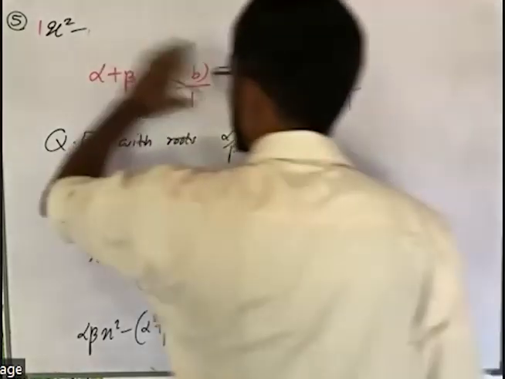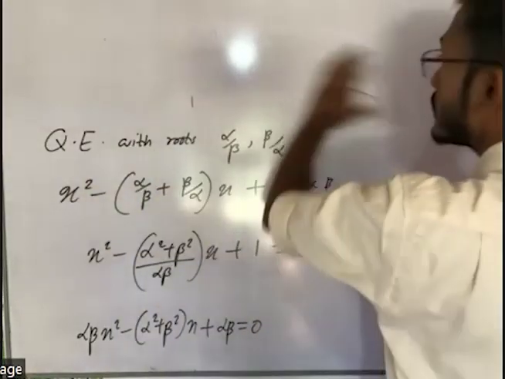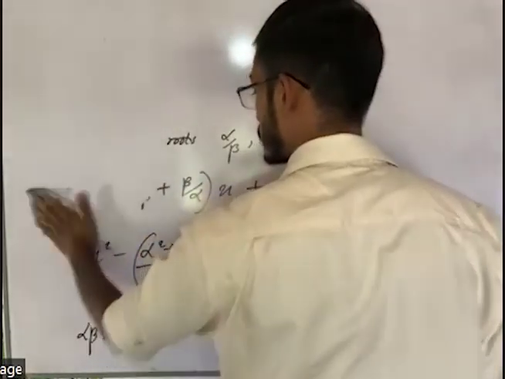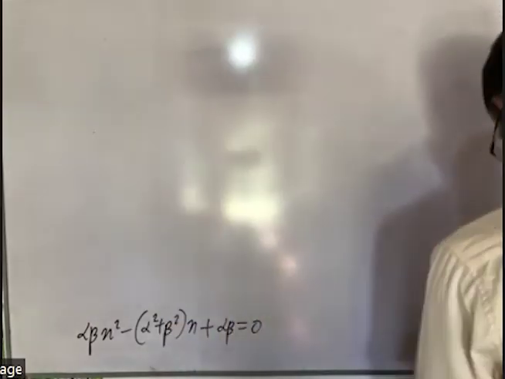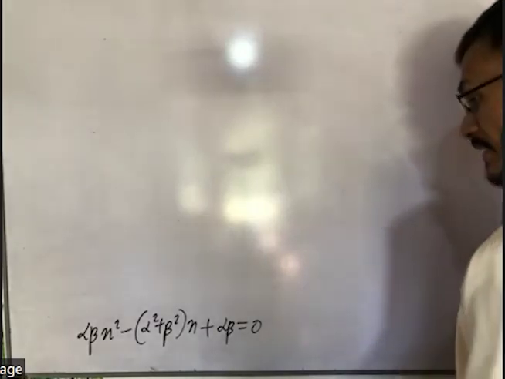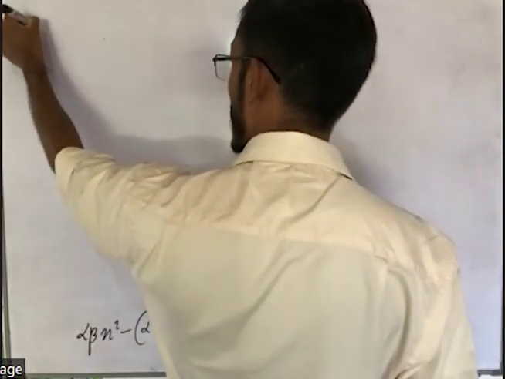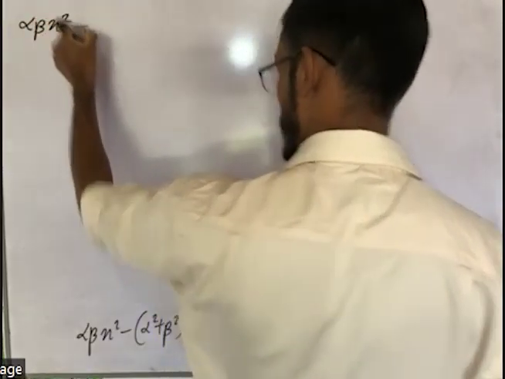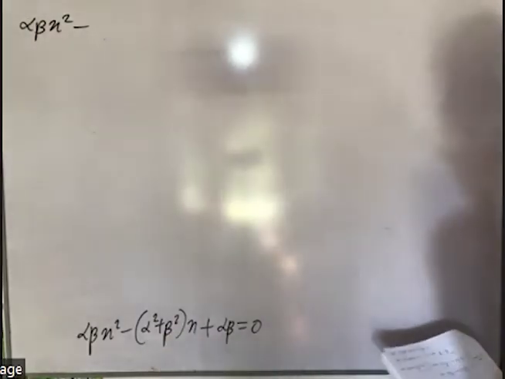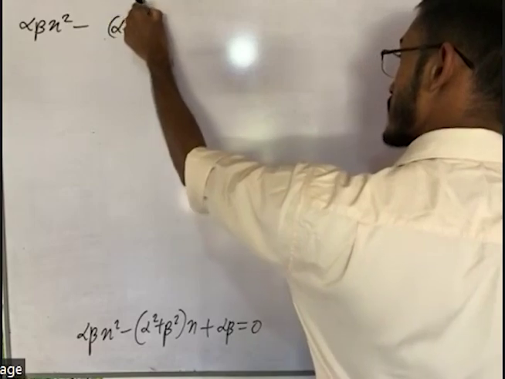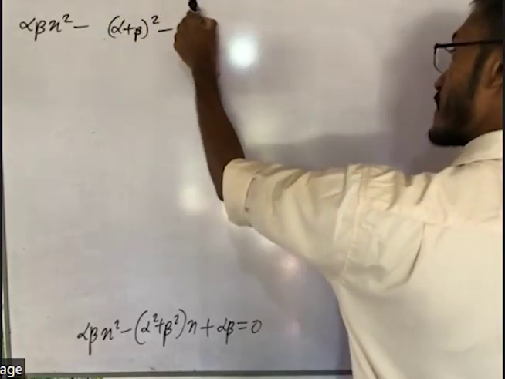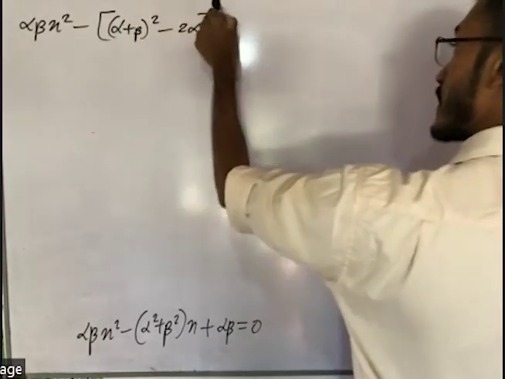Right, so I'm going to erase this part. So here I can write down this equation as alpha beta x square minus alpha square plus beta square. I can write down that as alpha plus beta square minus 2 alpha beta x, right?